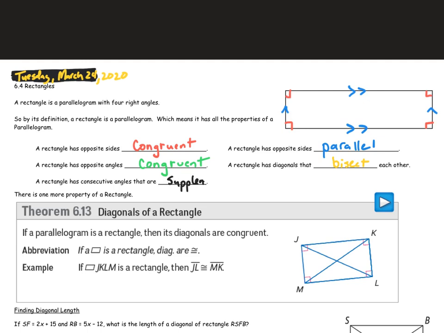So we know that consecutive interior angles will be supplementary. So we've studied all of those about parallelograms. There is one more property of a rectangle, and that's theorem 6.13. It says if a parallelogram is a rectangle, then I know that the diagonals are congruent.